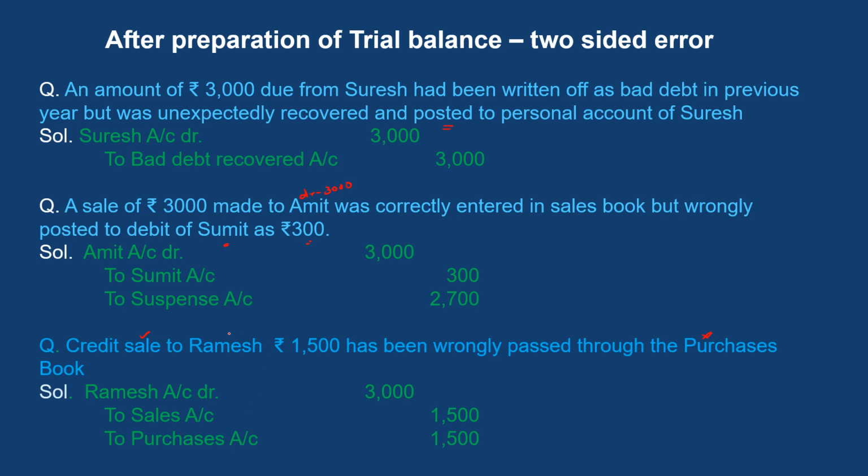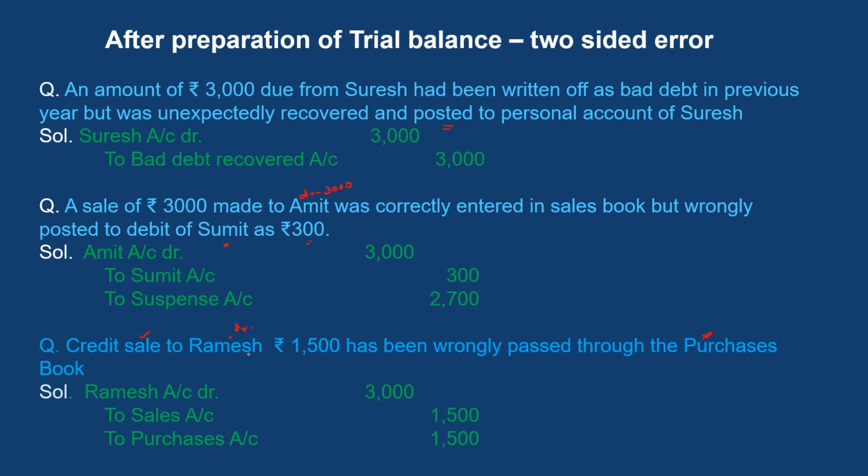And third, in Ramesh's account also there's a mistake, because when passed through the purchase book, Ramesh account would have been credited with 1,500. But actually you should have debited Ramesh with 1,500. So now to rectify, first we'll take Ramesh account. We should have debited Ramesh account with 1,500 because it was a credit sale. We have not done that.